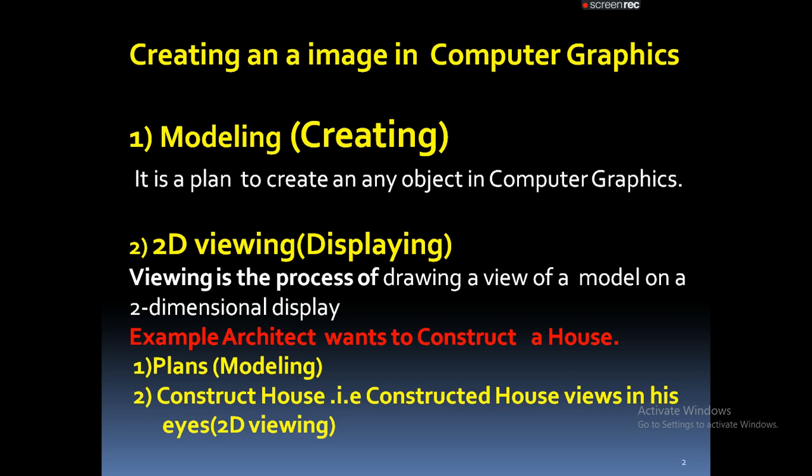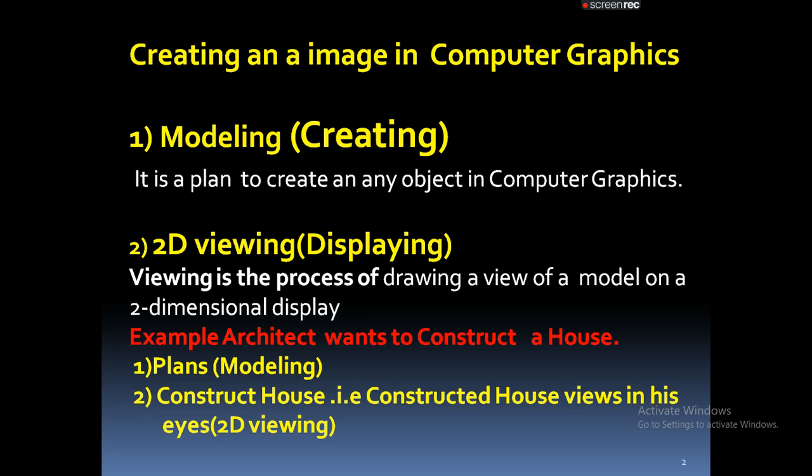So the second concept is called two-dimensional viewing. So after creating an object, we want to display that object on the screen of the monitor. So instead of saying displaying an image on the screen of the monitor, I will say it like this: viewing is a process of drawing a view of a model on a two-dimensional display.